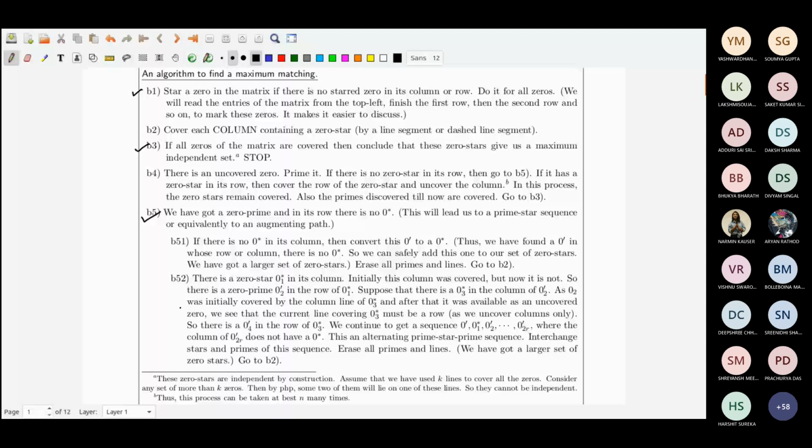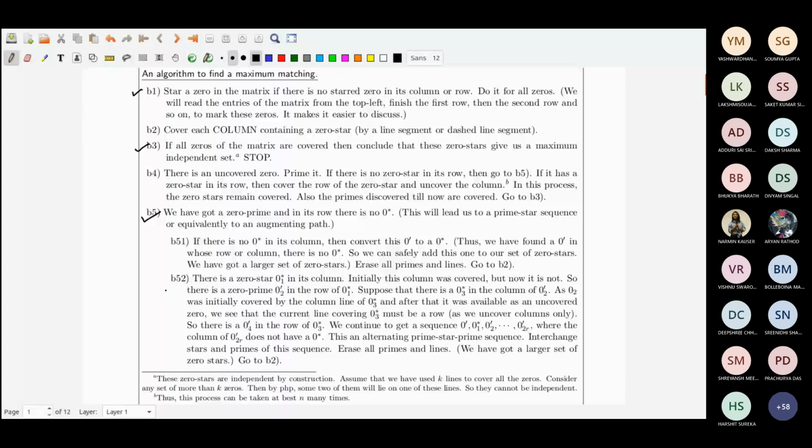The moment you get a prime star alternate sequence, all you have to do is change the primes involved in this sequence to stars and erase the stars from the 0 stars in this sequence. So that is what the algorithm is.